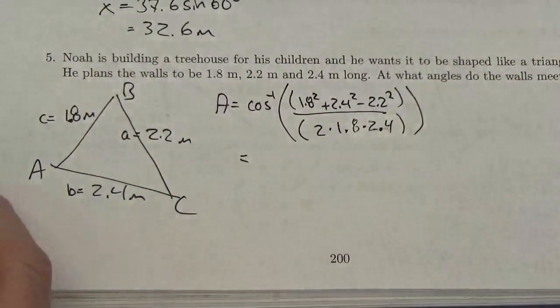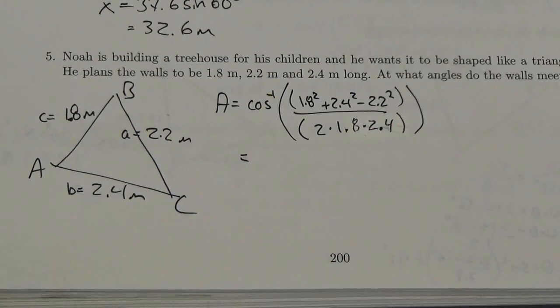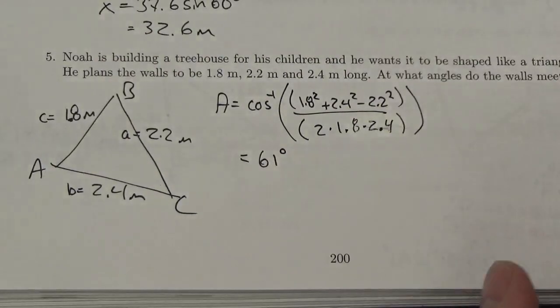Okay, and now that is just calculator work. So inverse cosine, that'll be 1.8 squared plus 2.4 squared minus 2.2 squared divided by 2 times 1.8 times 2.4. And I get that this is an angle of approximately 61 degrees.